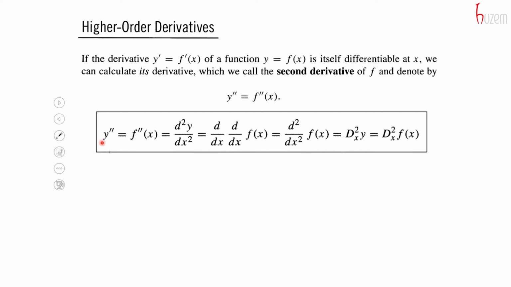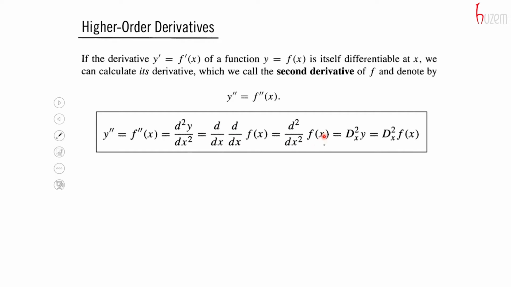Either we use y double prime, f double prime, or d squared y divided by dx squared, or in the language of operators, we apply this operator once and then we apply it twice. As a result, we can use d squared divided by dx squared in short to denote this operation.